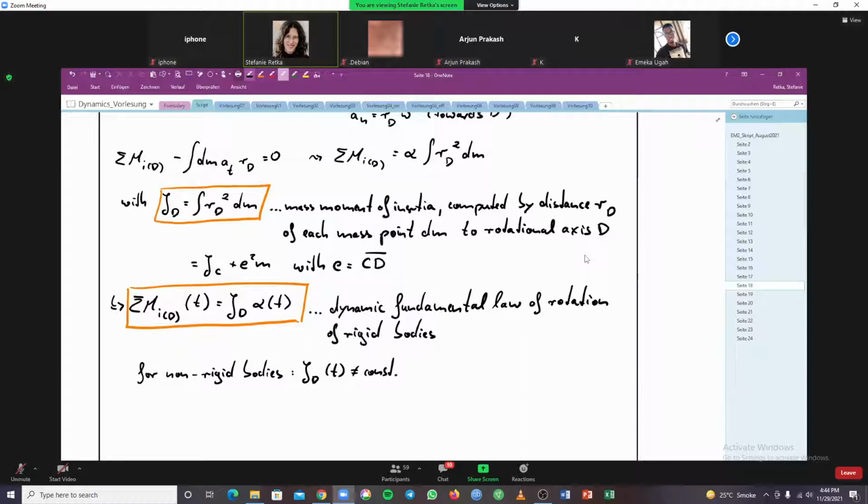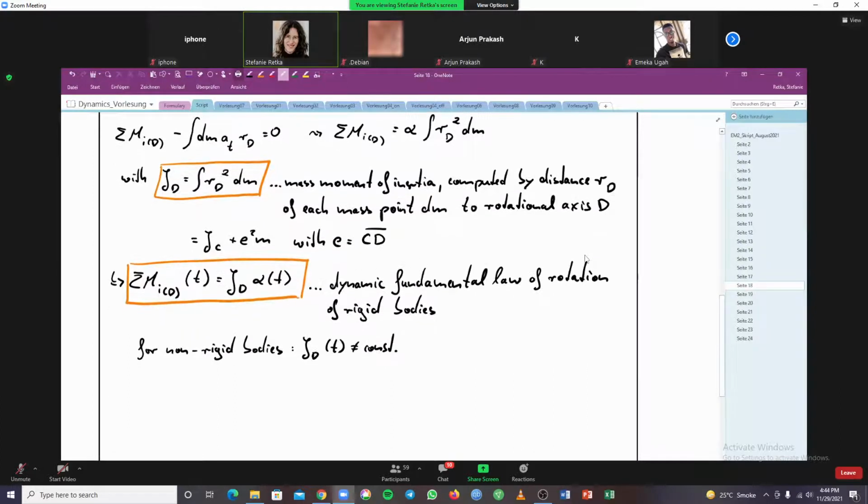Okay, so this is our additional equation, our dynamic fundamental law of rotation for rigid bodies performing a pure rotational motion. Then we also have to consider this motion and the kinetic energy of the system.